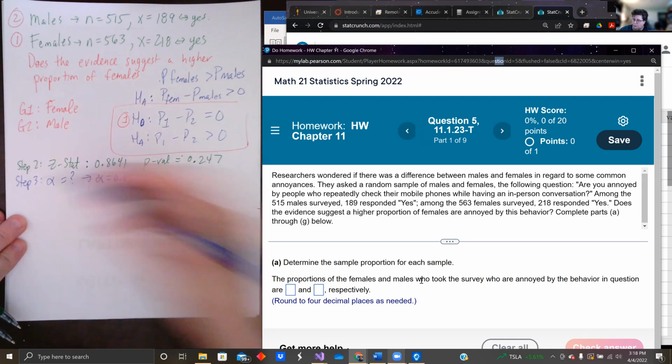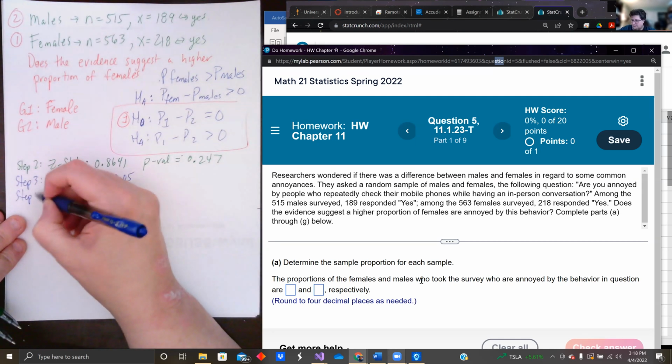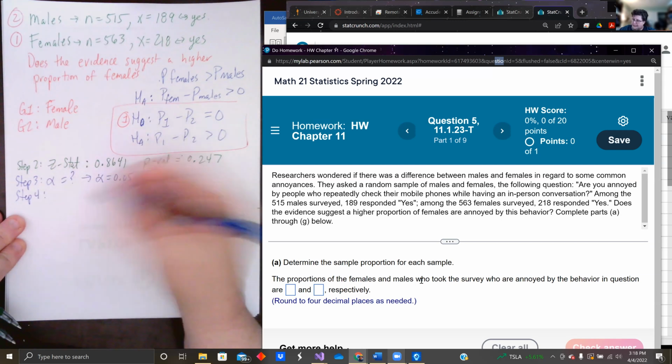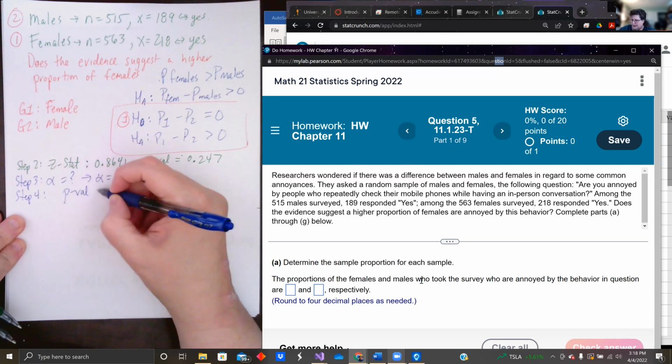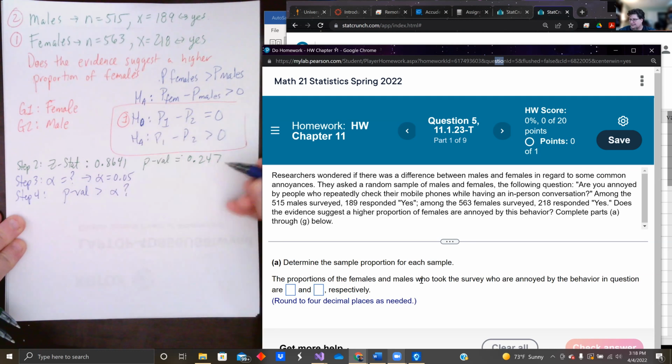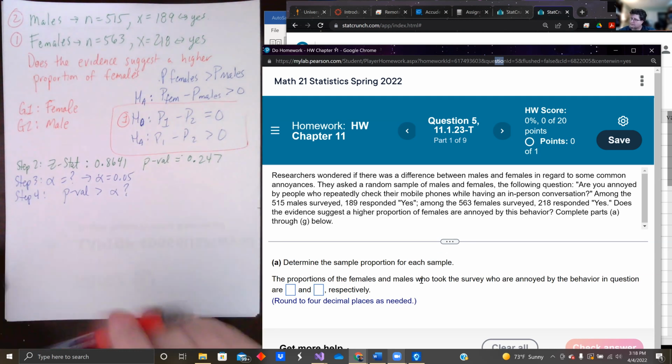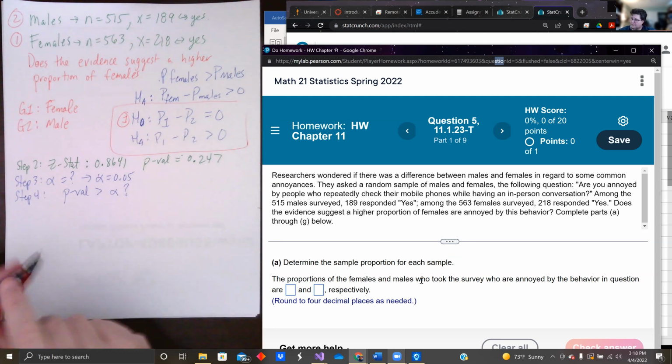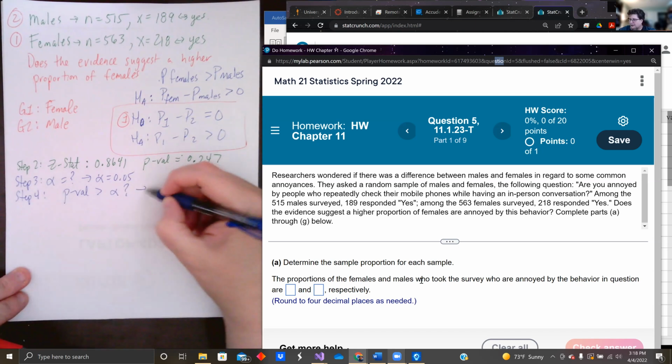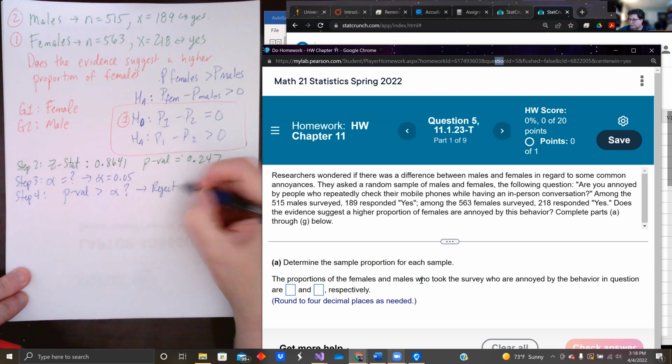Step 4, I will compare. Is the p-value greater than alpha? Is that the case? Because if it is, remember, if the p-value is greater than alpha, we reject H naught.